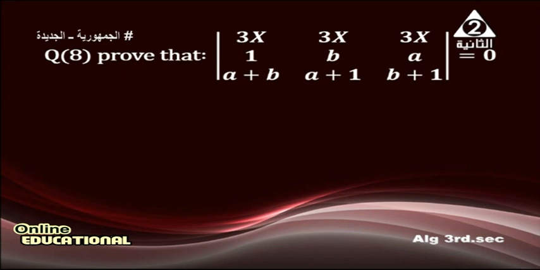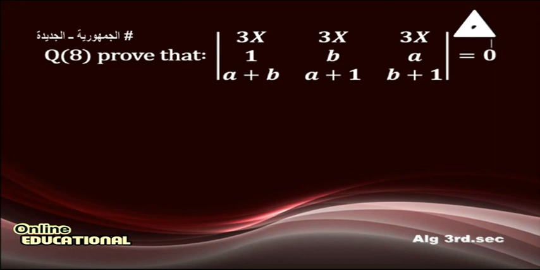Number 1. When two rows' elements are the same or two columns' elements are the same, then the determinant must be equal to 0.